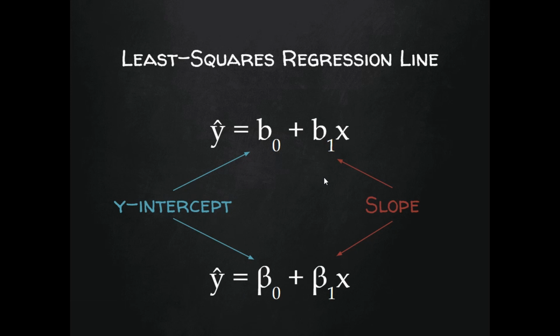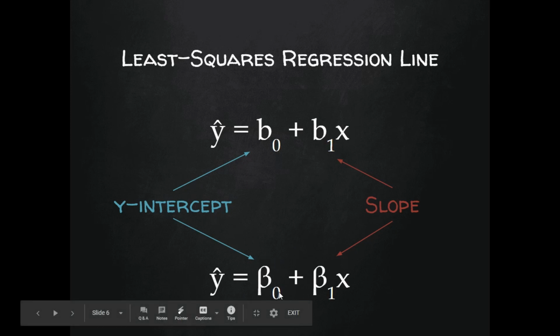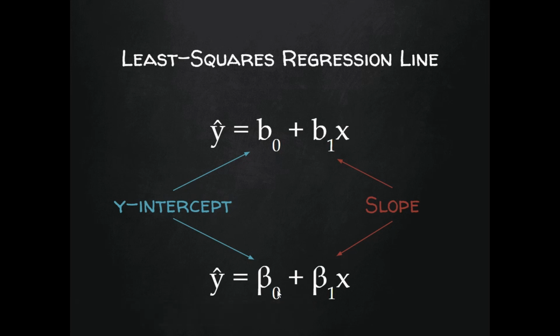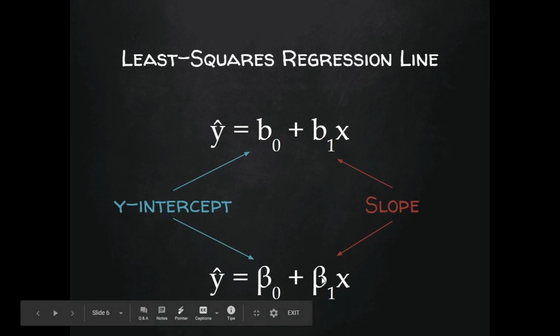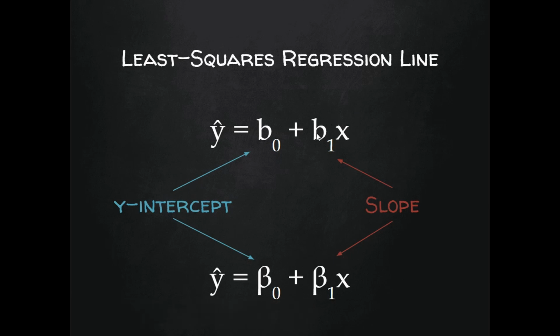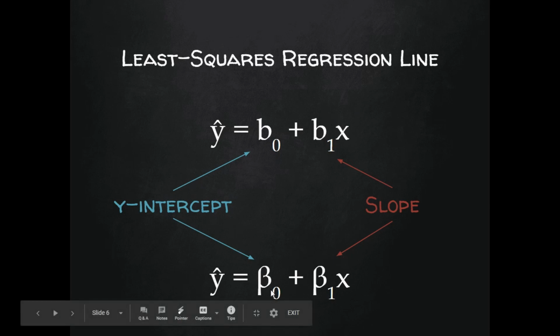For the population, beta 0 is the y-intercept if we had population data, and beta 1 is the population slope if we had population data. So this model we discussed before was again based on samples. So b0 and b1 are sample statistics. Beta 0 and beta 1 are the parameters for the entire population.